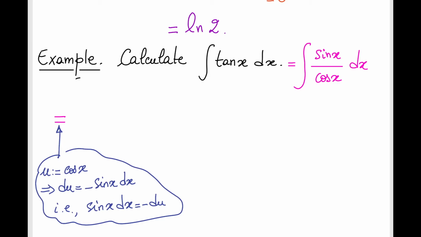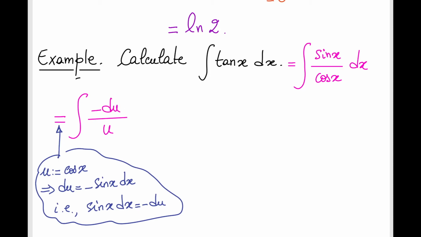Therefore, this integral, the pink one, is equal to the integral of, we called cosine x u, so downstairs I have u. And what's sine x dx? It's negative du. So I get that.